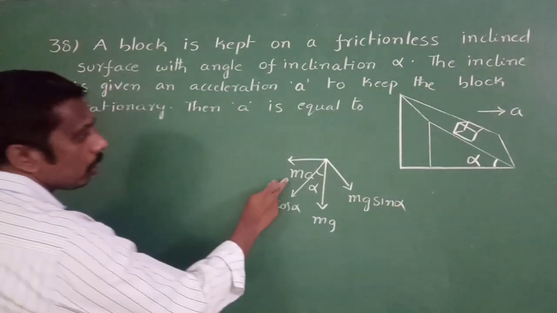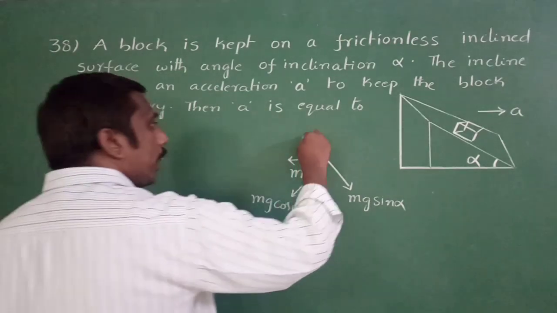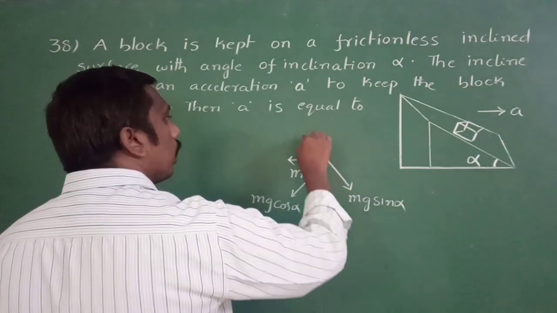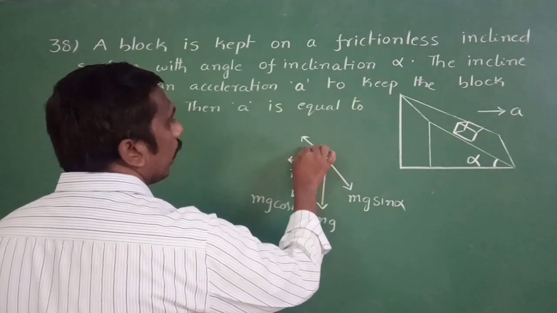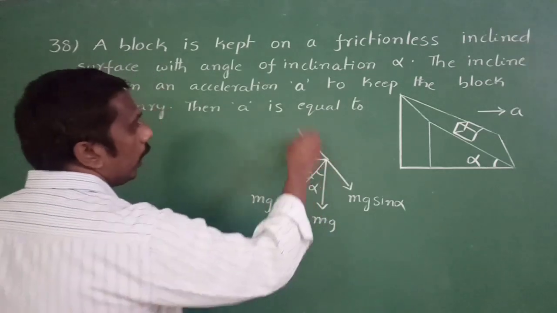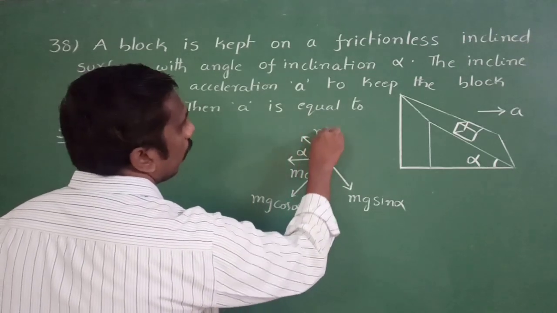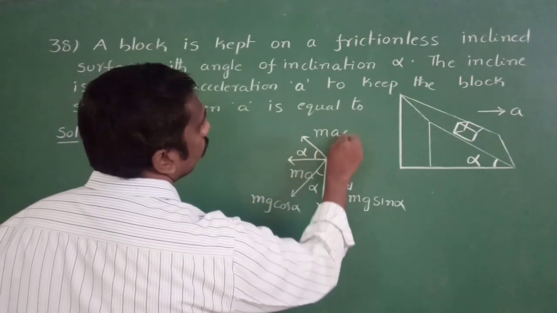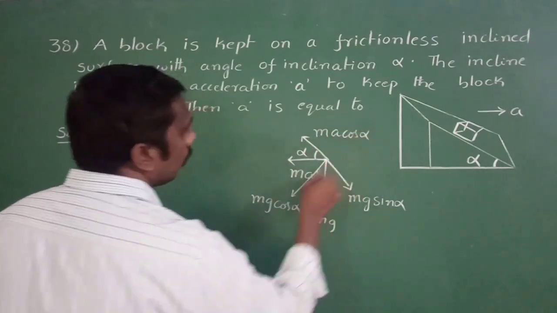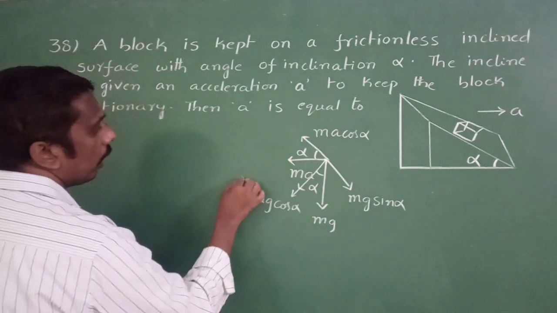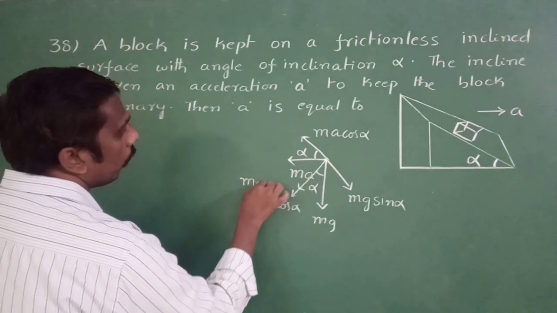Next, you resolve this pseudo force into components. The pseudo force makes an angle alpha with the inclined plane. So in the upward direction, ma cos alpha will act, and ma sin alpha is acting perpendicular to the inclined plane.